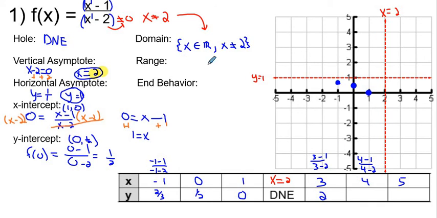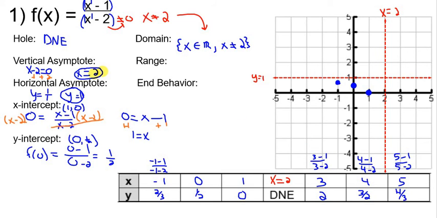Again, I'm just using the function with 4's in it. 4 minus 1 is 3, 4 minus 2 is 2, so that would be 3 halves, or 1.5. And now if I use 5, it would be 5 minus 1 over 5 minus 2. So that would be 4 over 3, or about 1.3.